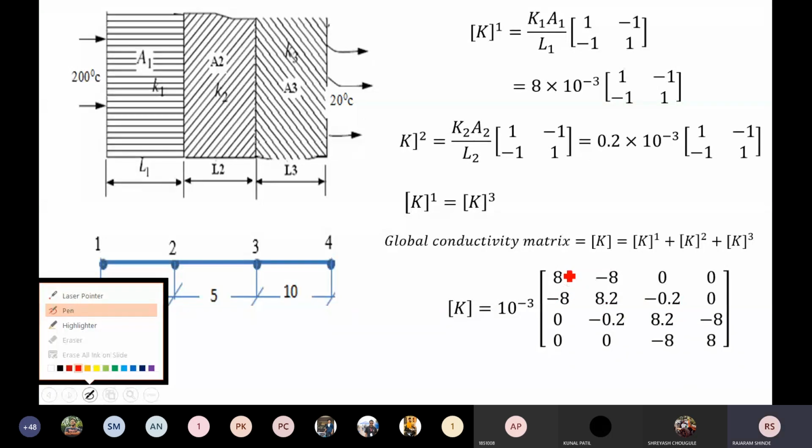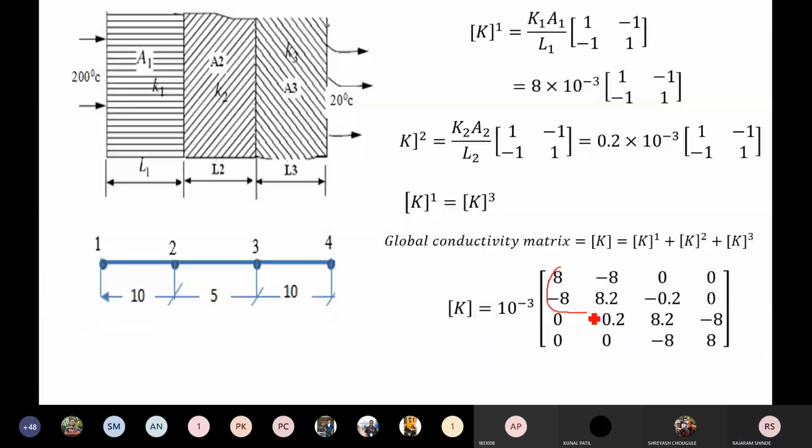You see here, this is element number 1. Now in element number 1, this term is 0, this term is 0, this 0, this 0. That means these two columns and these two rows are 0.